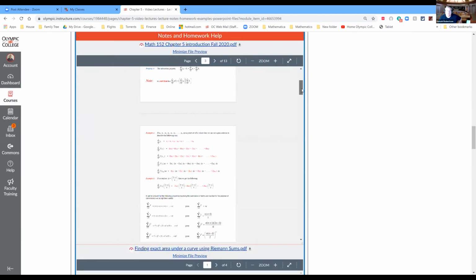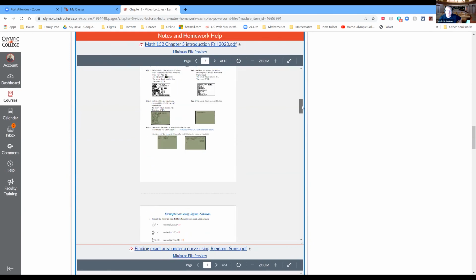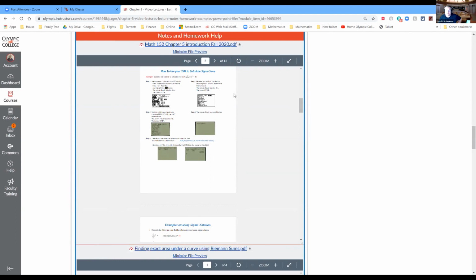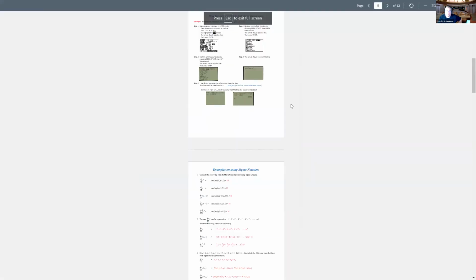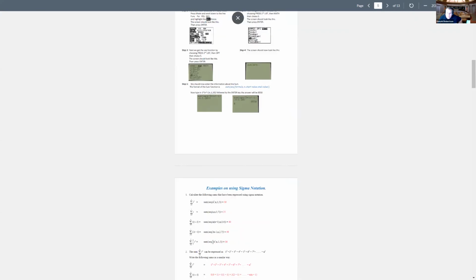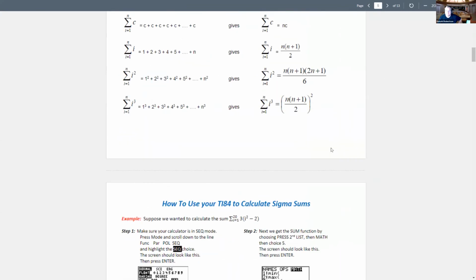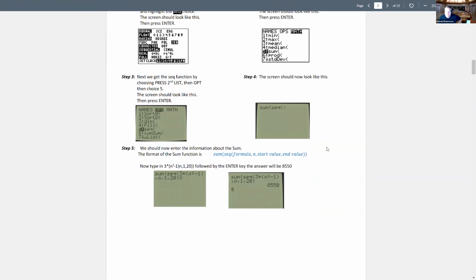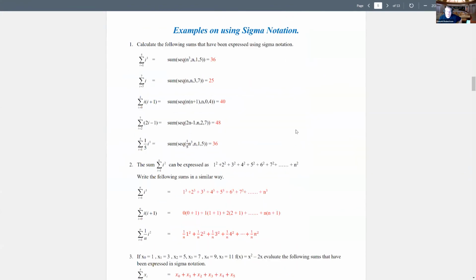For instance, if you go here, here is how to use your calculator to do Sigma. And now it won't be as small as that. If you hit this, you can get a bigger version eventually. There, right? So you can actually see it there. And there are lots of other things here as well.